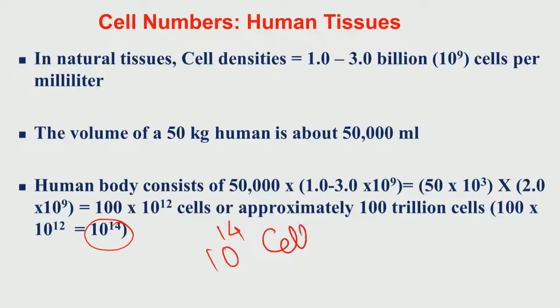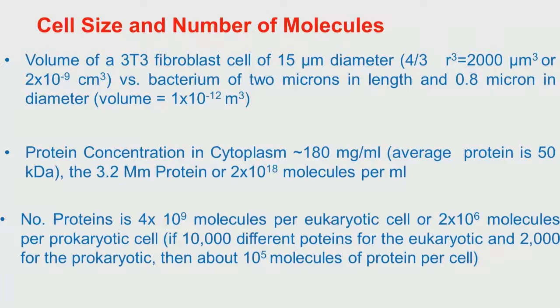These numbers also depend on the body weight of a person, but roughly this order of magnitude is important, so that you have an idea of how many cells are present in the human body.